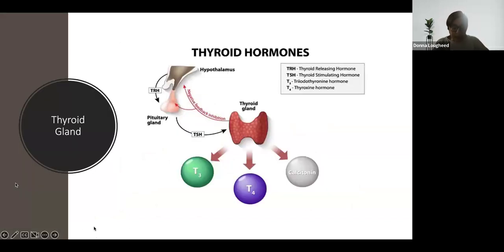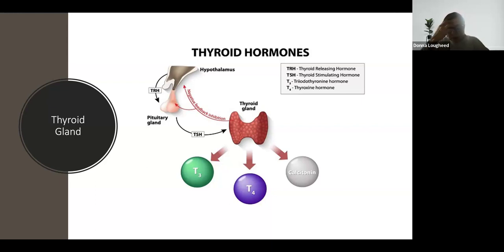The thyroid gland is a butterfly-shaped gland with two lobes that is located anterior to the upper part of the trachea and inferior to the larynx. The thyroid glands are integral to normal body functions.